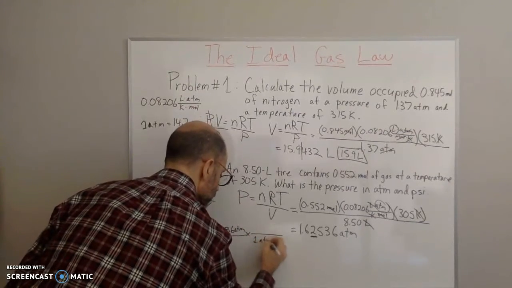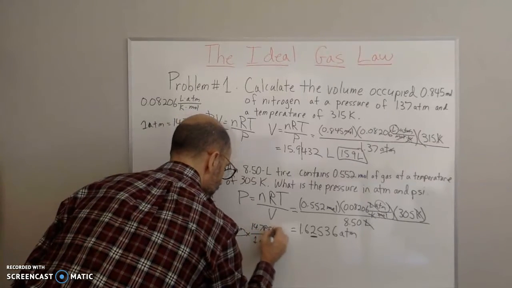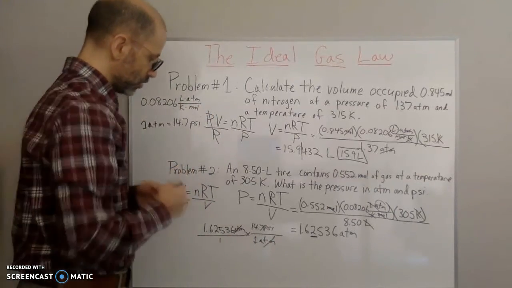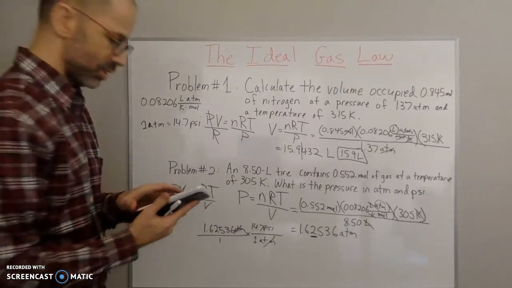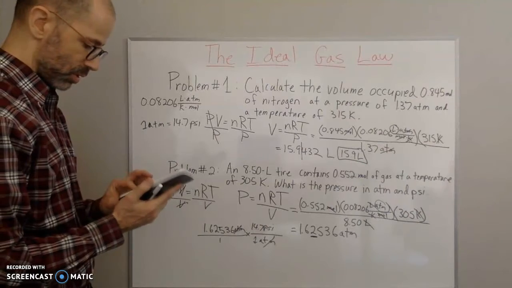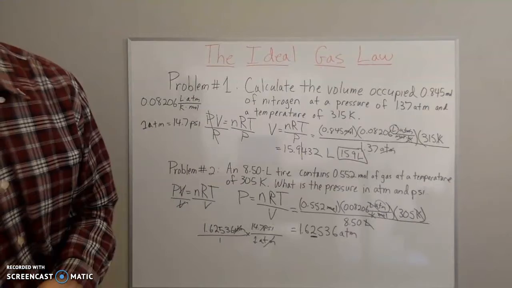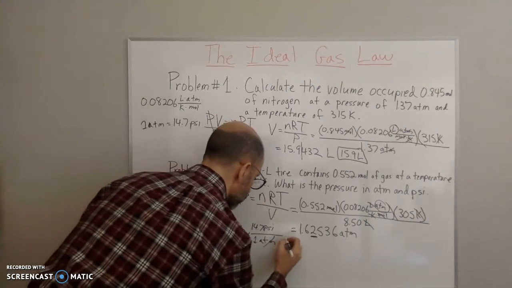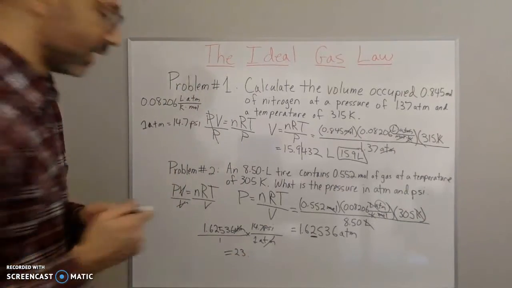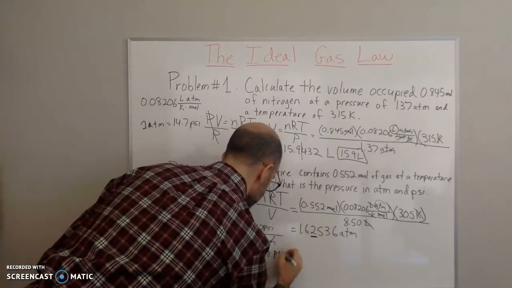So 1 atmosphere goes on the bottom. 14.7 PSI goes on the top. So atmospheres cancels out, and now I have PSI. So when I do this calculation, I'm going to multiply this by 14.7 equals, and I get 23.8928. Okay, and this is PSI.